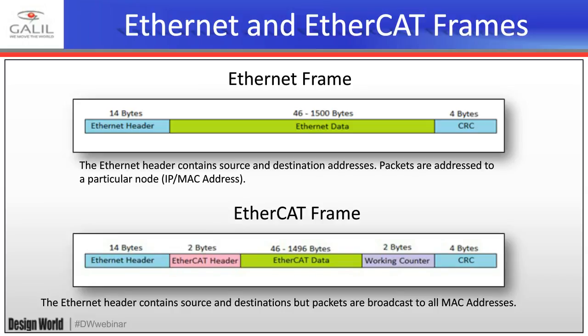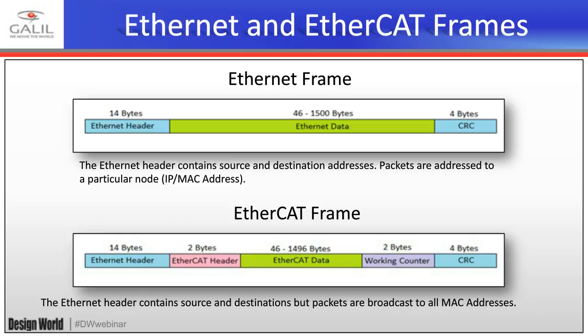CRC is error checking. So in the Ethernet header, you'll have two fields. One is a source address. One is a destination address, just like a letter you put in the mail. Where is it coming from? Where is it going? The Ethernet data can really be anything that you want to be sent, whether it be ASCII or binary data or hex encoded values.